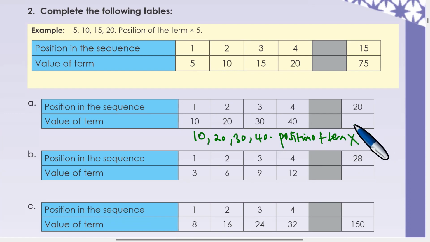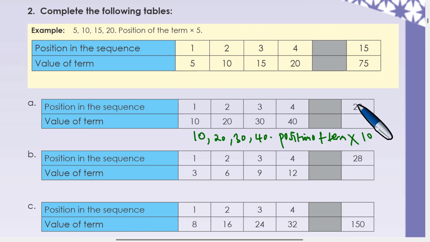Then what number must be here? 1,000. I mean, no, is it 2,000? How did you get that? You say position of term times 10.